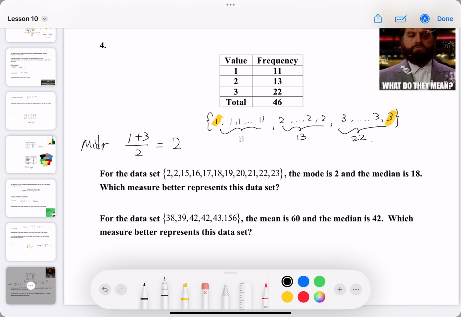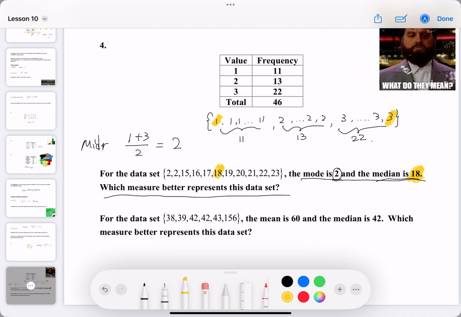Okay, for the data set, a new question. The mode is 2 and the median is 18. Which measure better represents this data? Mode is 2 because 2 happens most often, 2 times. But which, mode or median, can represent the data set? I'm going to choose 18, the median. Why am I choosing 18, the median?